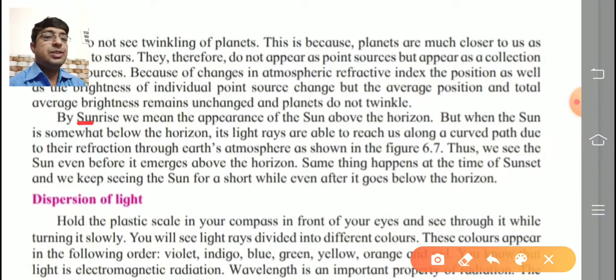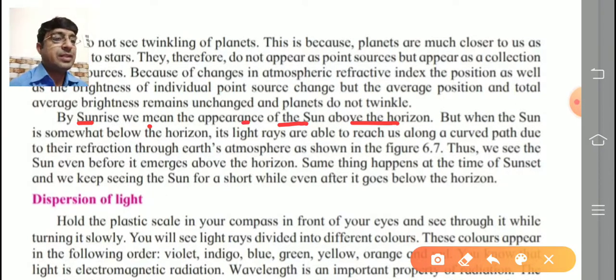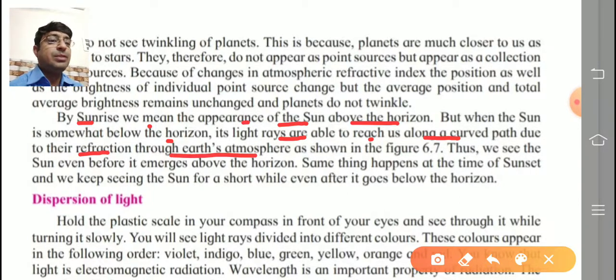By sunrise, we mean appearance of the sun above the horizon. But when the sun is somewhat below the horizon, its light rays are able to reach us along a curved path due to their refraction through the Earth's atmosphere, as shown in figure 6.7.